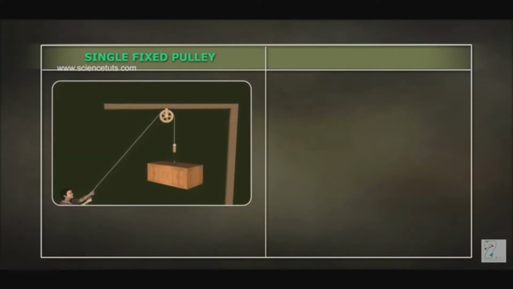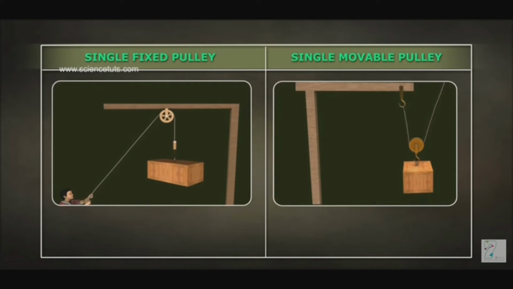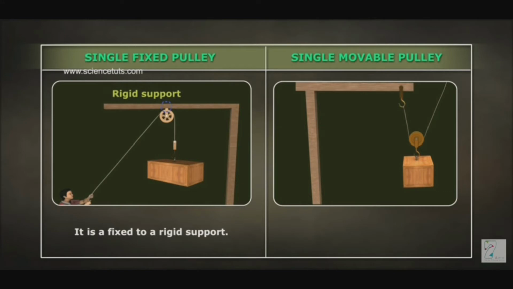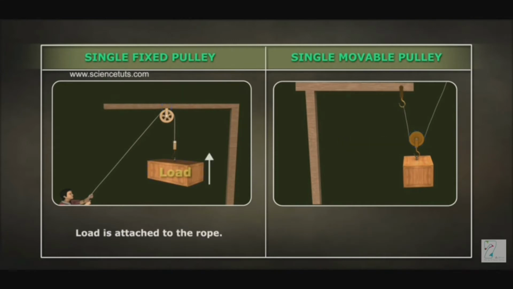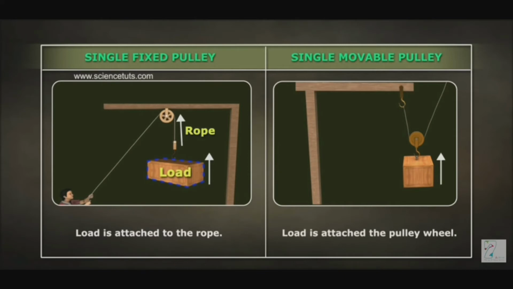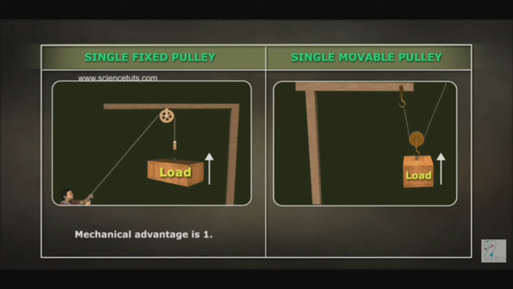On the left hand side you can see we have the single fixed pulley, and on the right hand side the single movable pulley. The fixed pulley is fixed at a rigid support, whereas the movable pulley is not fixed to a rigid support. The load is attached to the rope in case of fixed pulley, but the load is attached to the pulley wheel in case of movable pulley.